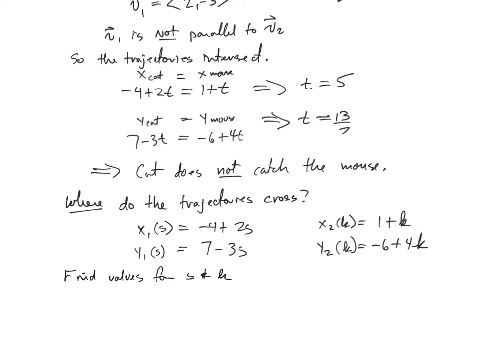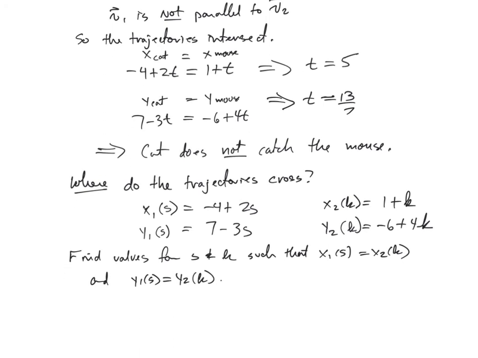Find values for s and k such that x1(s) equals x2(k) and y1(s) equals y2(k). That's what we need to do to find the crossing point.